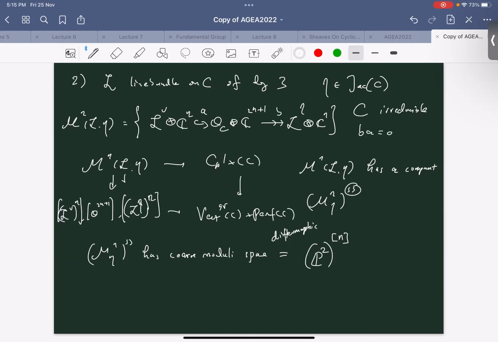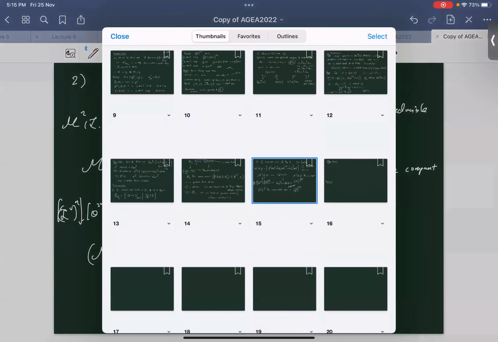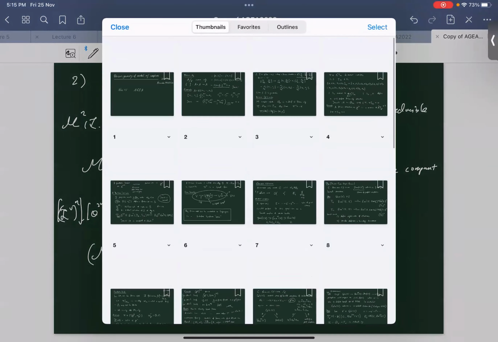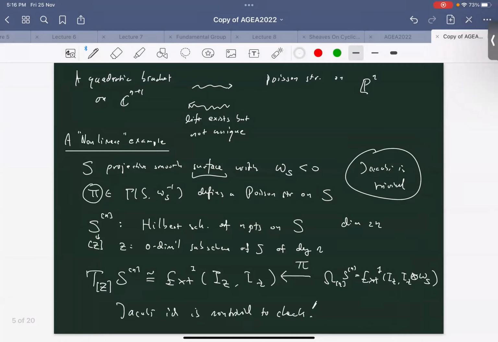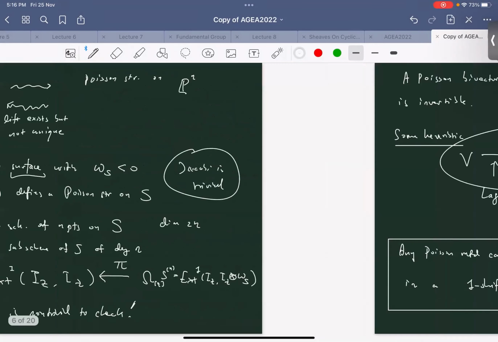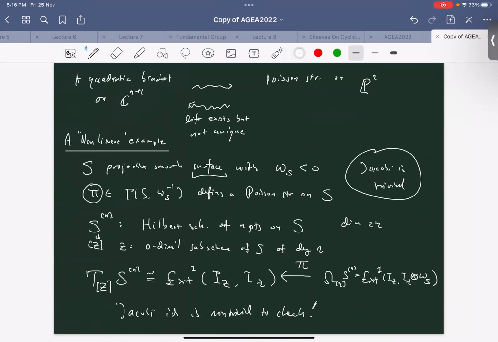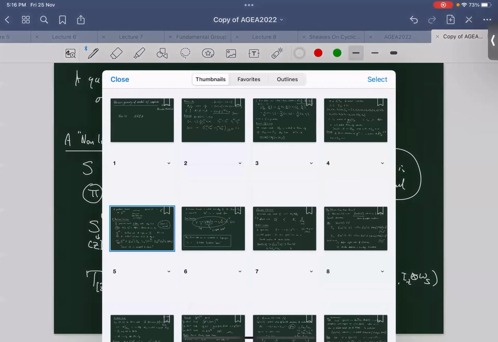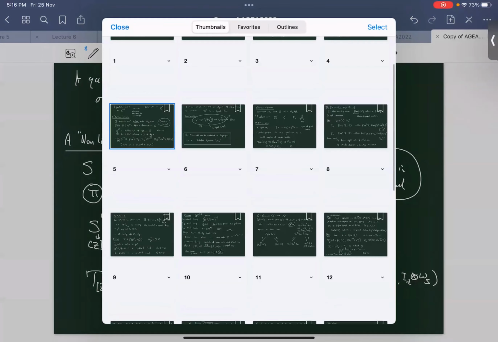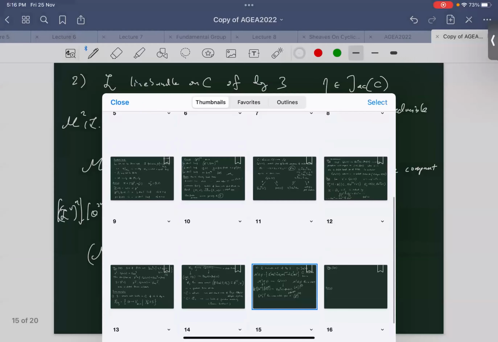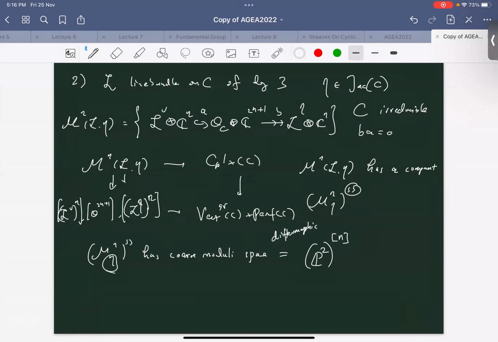Let's recall the example I gave earlier: if I choose an anticanonical section, then (P^2)^[n], taking S to be P^2, does admit a natural Poisson structure. But now note that I have a parameter here, which is eta. So indeed, this is a Poisson deformation.